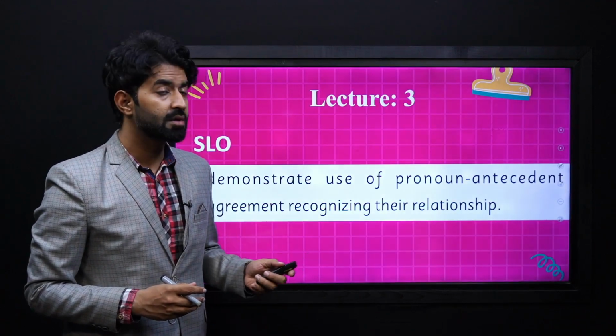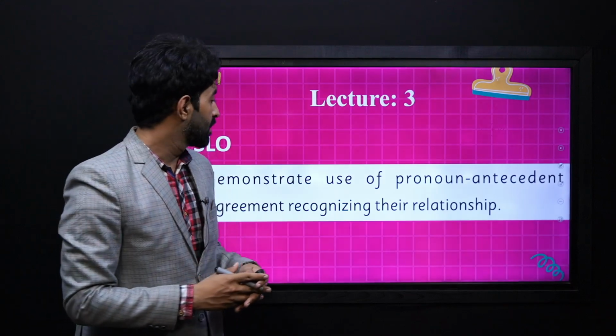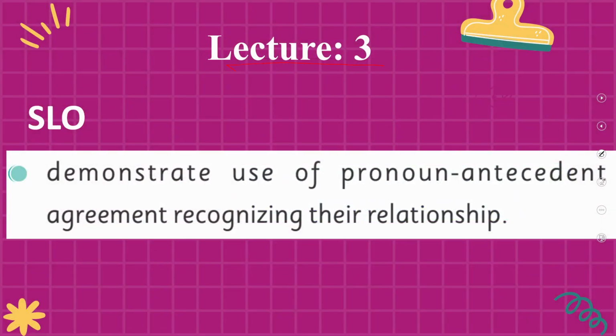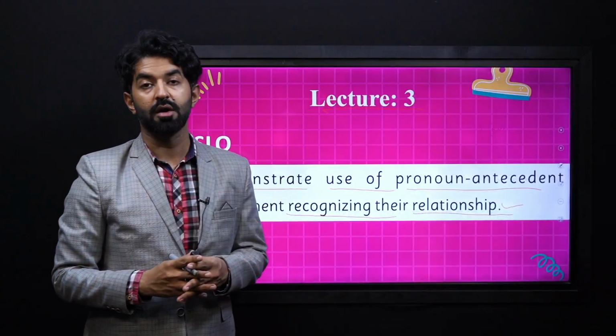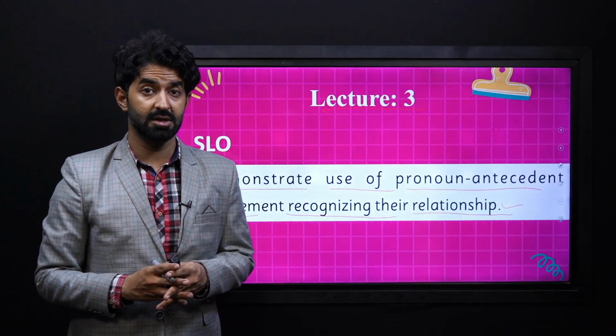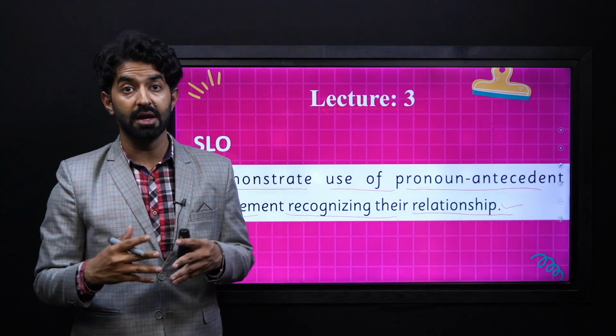Now moving on with our lecture number 3. Again we are exploring the student's learning outcome related to pronouns. Let's read this. It says, demonstrate use of pronoun antecedent agreement, recognizing their relationship. Now, you are familiar with pronoun antecedent and their agreement.